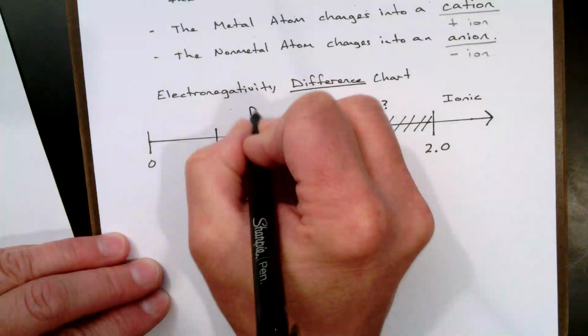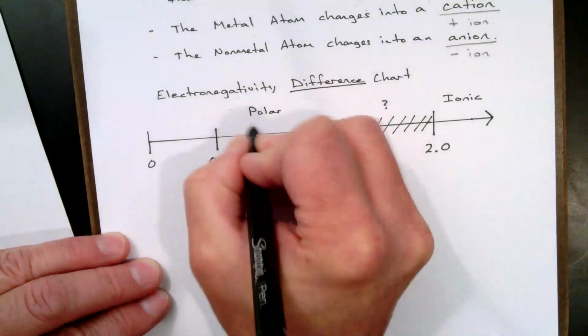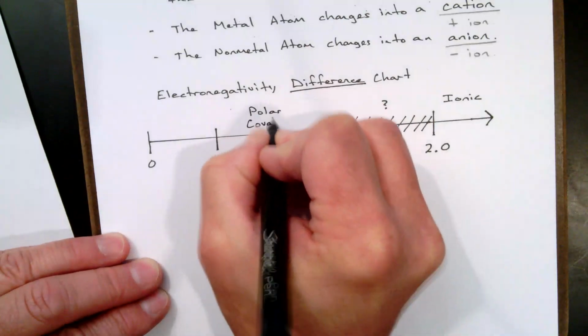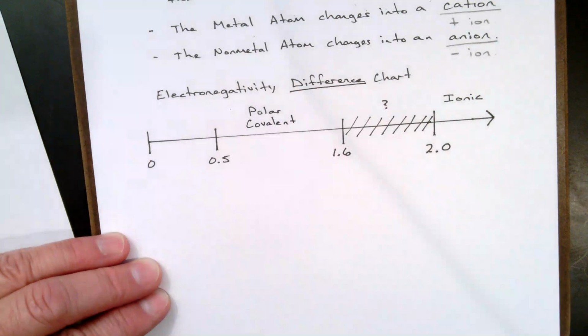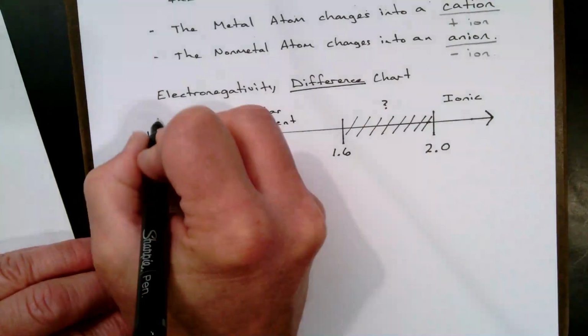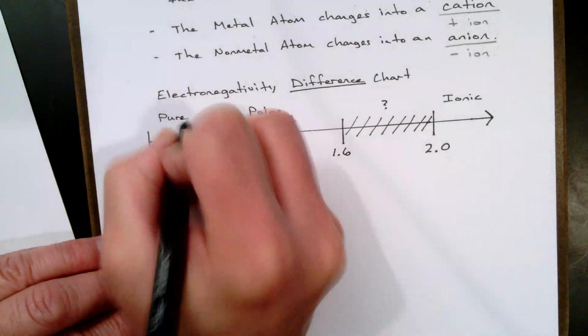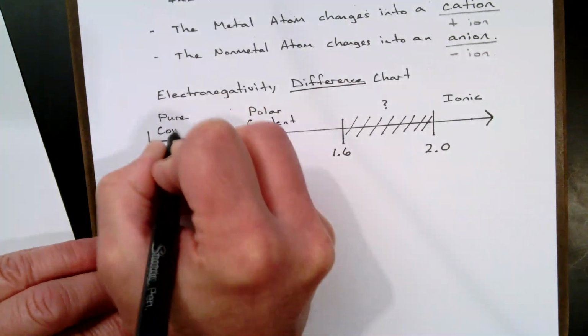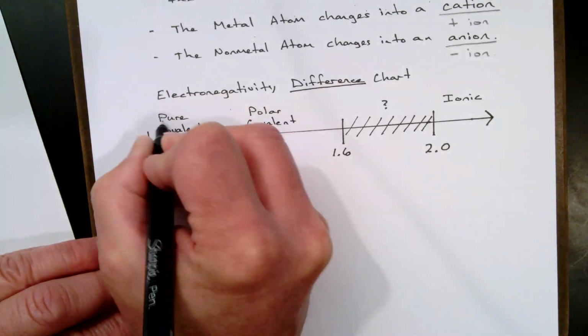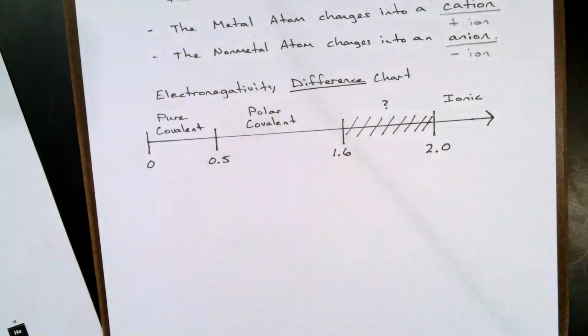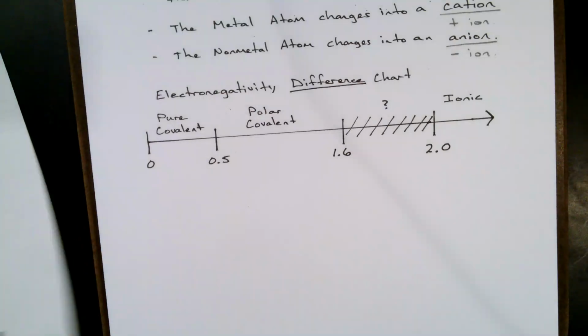And then up here, we haven't talked about this yet, but it will be called a polar covalent bond. And over here, we haven't talked about this either. It will be a pure covalent bond.